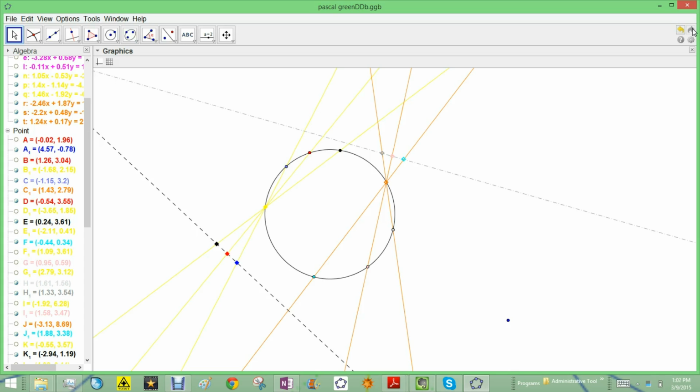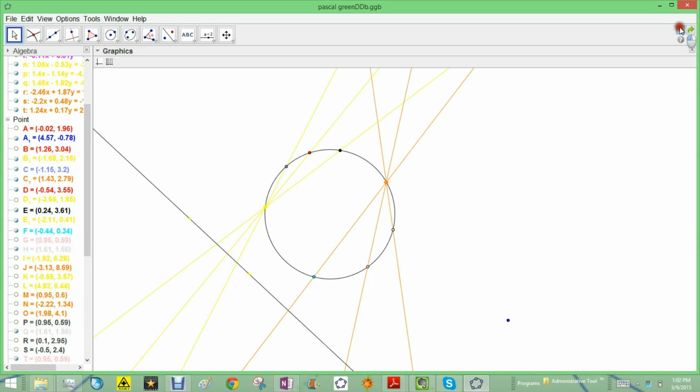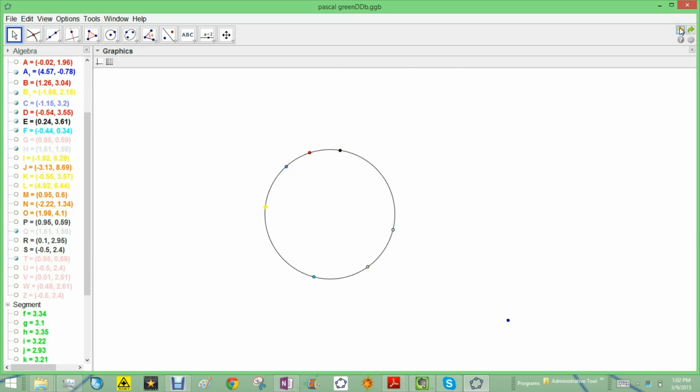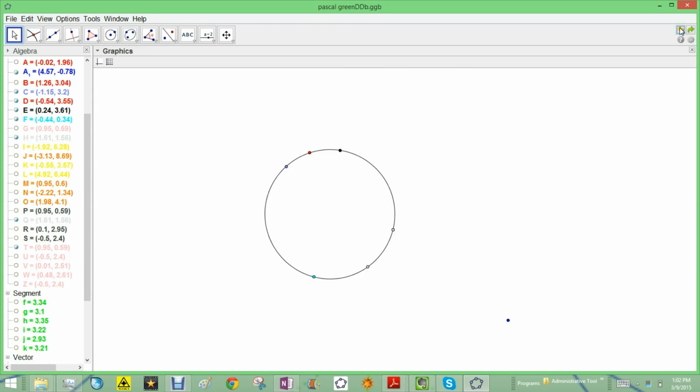So that shows that it's possible to do a projection of the circle to itself which matches up these points according to their colours.